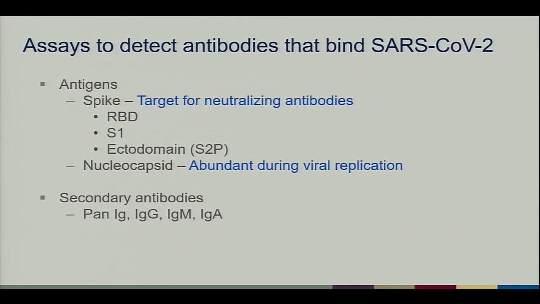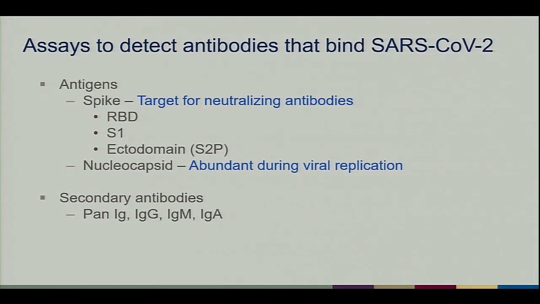So we can use two broad categories of antibody assays to detect antibodies. One, binding, and two, functional assays. The binding assays tend to test for antibodies against either the spike protein, which John showed in his cartoon, or the nucleocapsid protein.